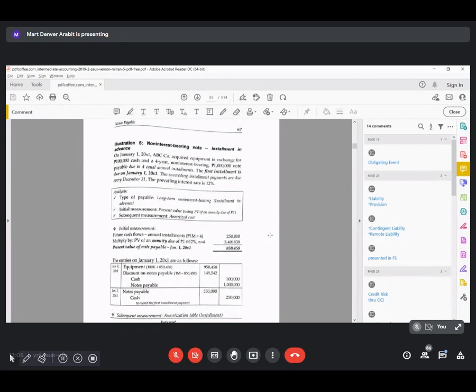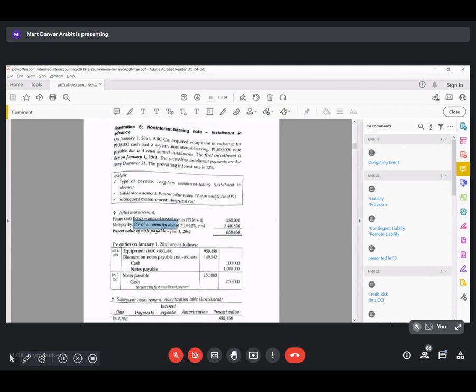For ordinary annuity, the installment payment is at the end of the year, given that the note payable is issued at the start of the year. However, sa annuity due naman, kung kailan na-i-issue sa'yo yung note, doon ka rin sa date na yun, makakatanggap ng first installment. So that is only the difference. Okay, same computation.